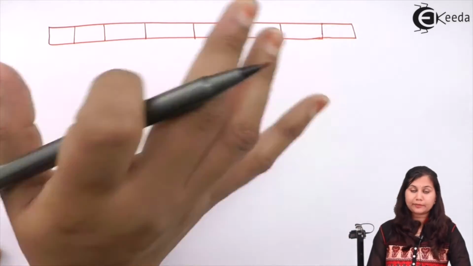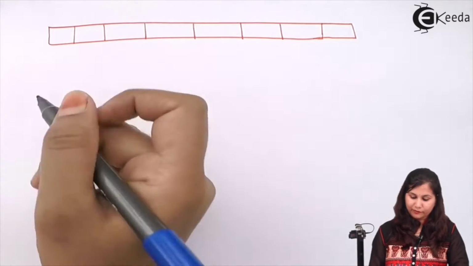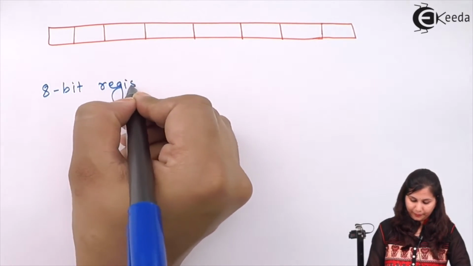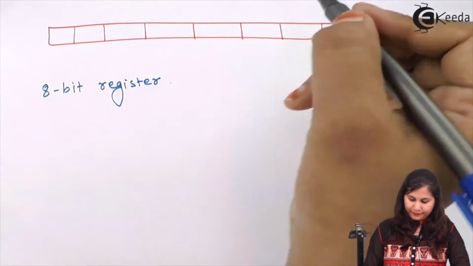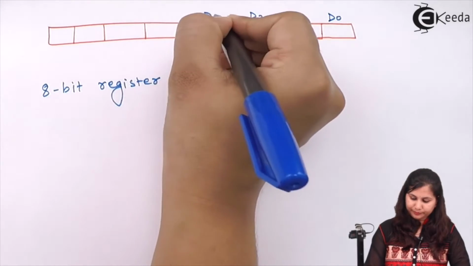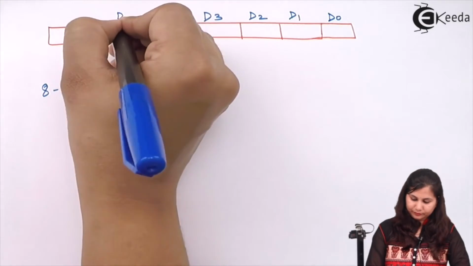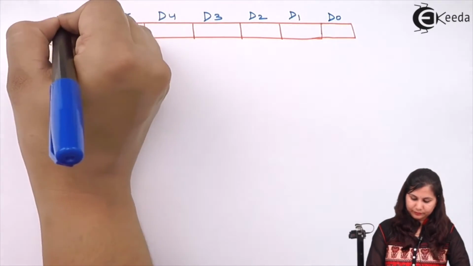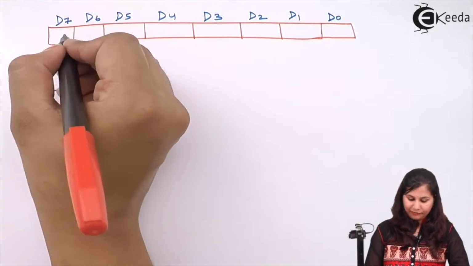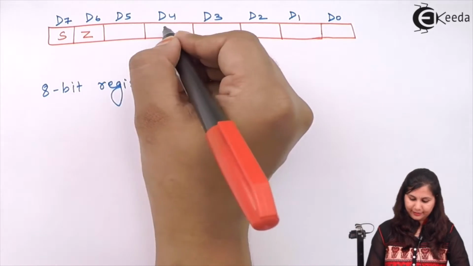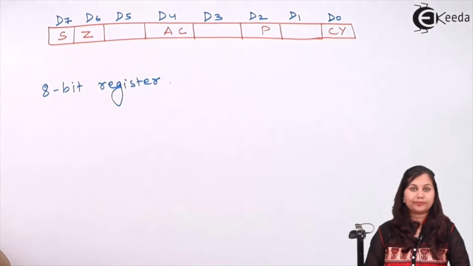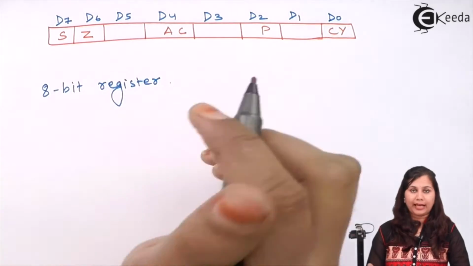These are the 8 bits of the flag register, D0, D1, D2 and so on, and we have here S, Z, AC, P, CY. These are the 5 flags.